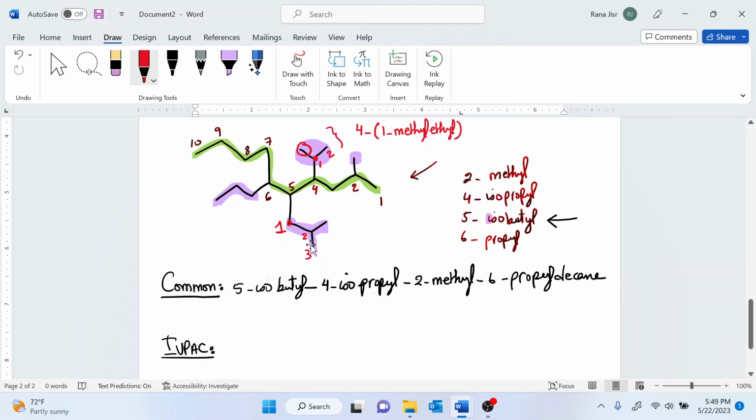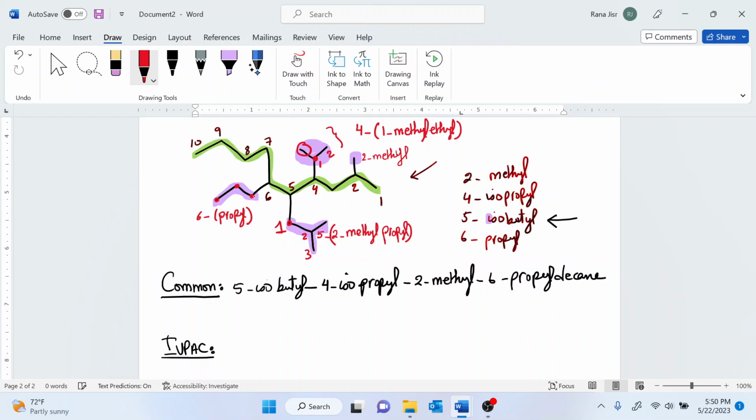And on that longest carbon chain, on the second carbon, I do have a methyl group, the 2-methylpropyl. Okay. And then on 6, I have a propyl group, and this is going to be on 6. No need for me to put any numbers here because this is not a branch. And then, of course, I do have on 2 over here, my methyl.